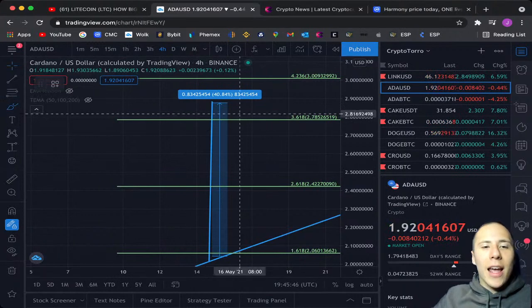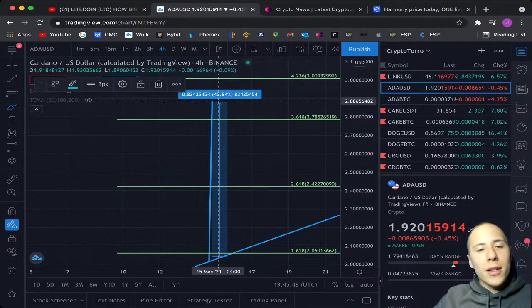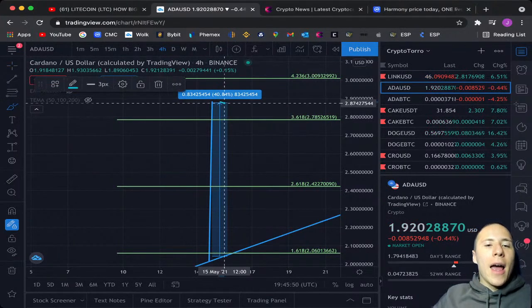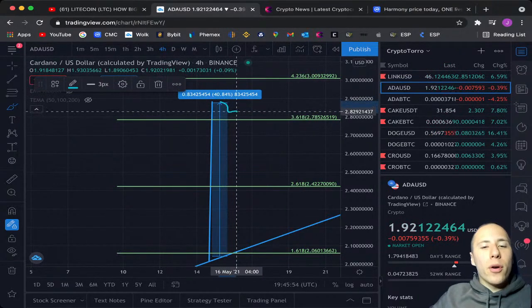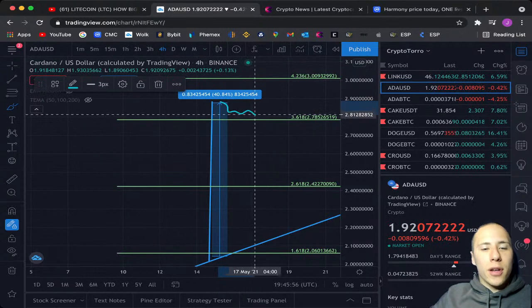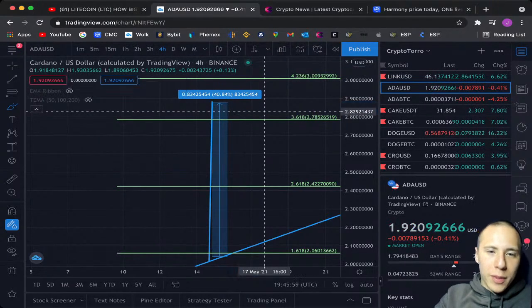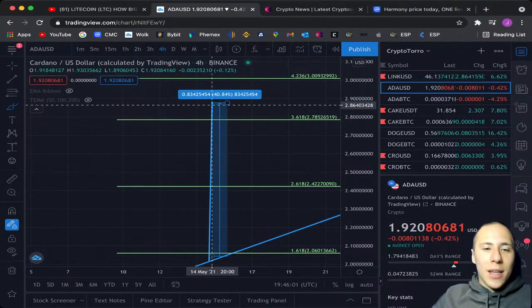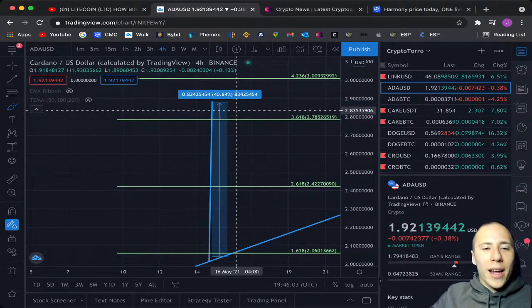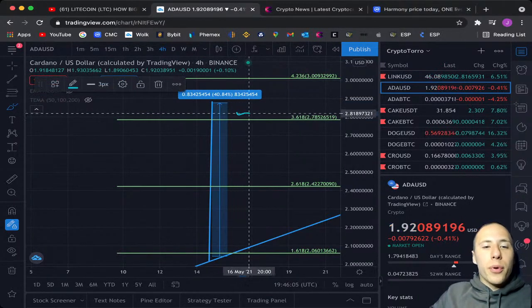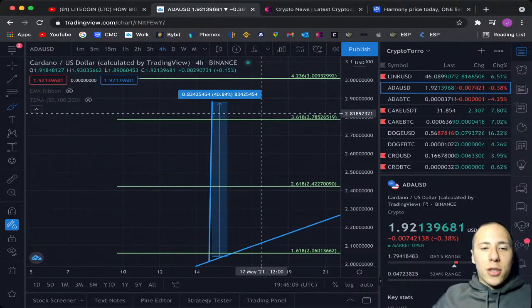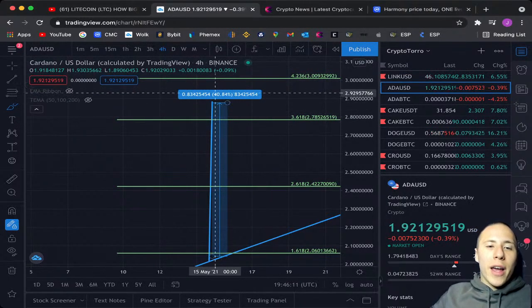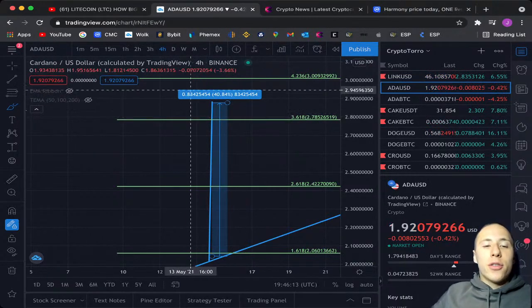But if Cardano, once it hits this possible target, finds support on the 3.618 level of the Fibonacci retracement, I think personally this is a great and significant support where Cardano could possibly find support once it goes all the way up to the $2.90.